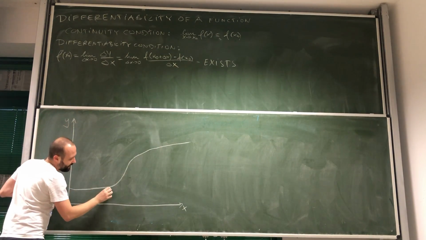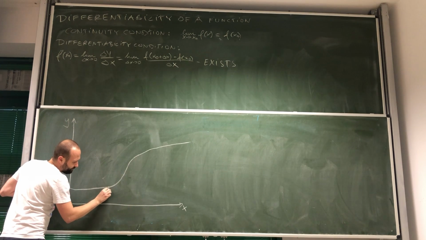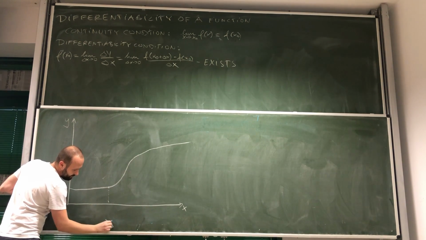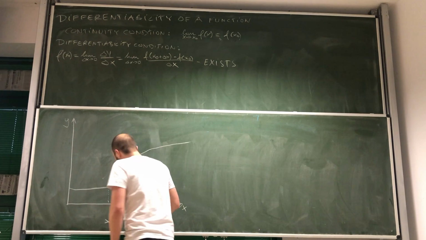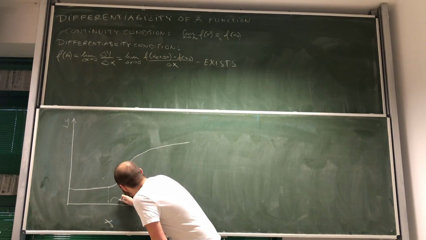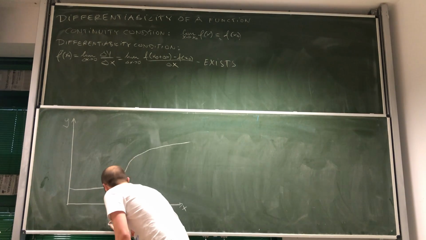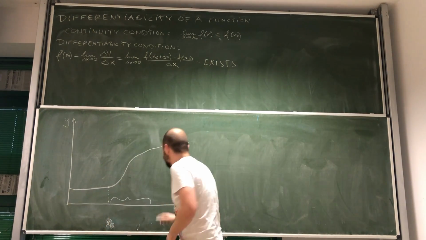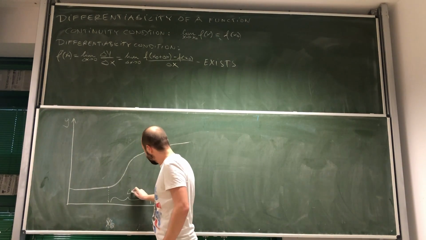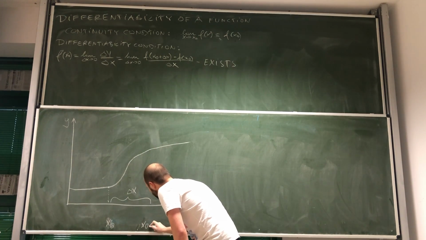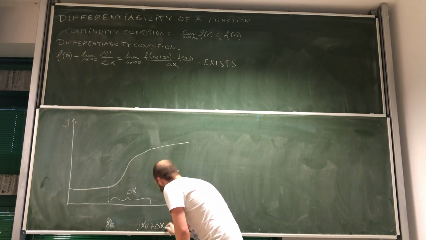And what we have over here is the initial value of x, so x0. Now, we were stating that x is changing by some amount, delta x, and we are ending up at a new point, x0 plus delta x.